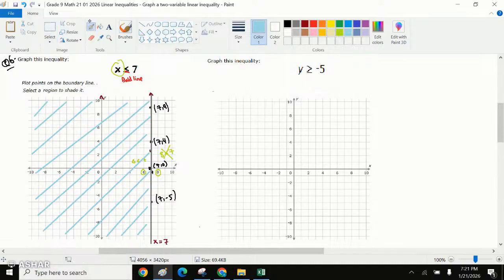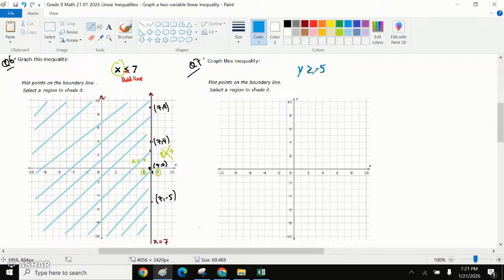Let's resize this. Let's plot. This is question number 7, right? So what they are saying is y is greater than or equal to negative 5.